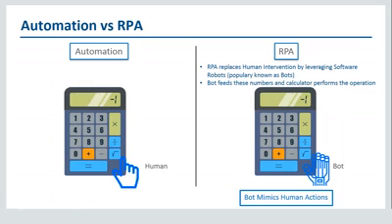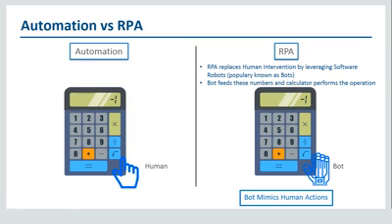I still don't see the fun in calculating numbers when I have to feed in a big formula inside a calculator. So this is where you should understand the difference between automation and RPA. Automation is basically when you are inventing a new technology to solve a problem, right? So you invented a calculator to solve the problem of calculation. But when we talk about RPA, it's not the invention of a new technology. You are just removing the human part out of it, right?